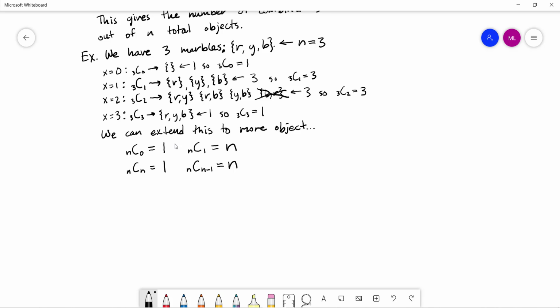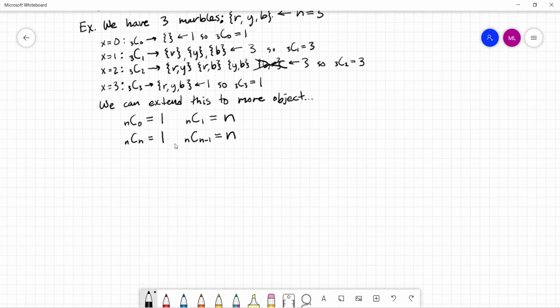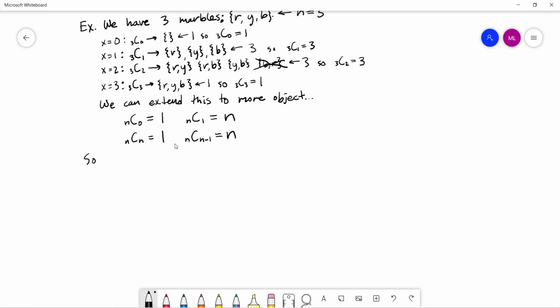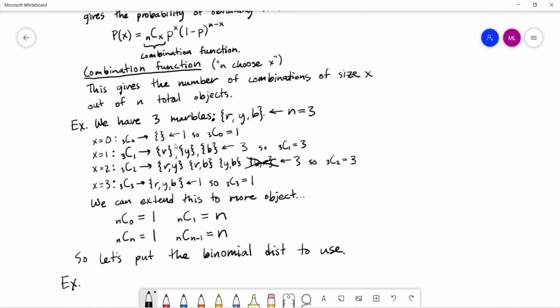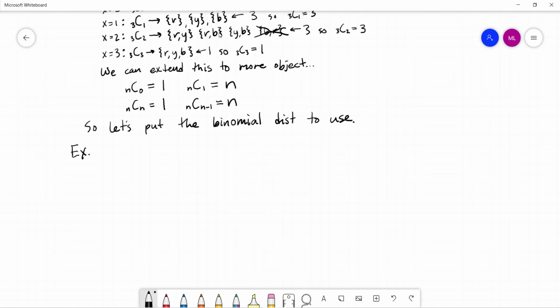So let's put the whole binomial distribution formula to use. Let's do some more examples. But now that we kind of understand this part of the formula, I want to use the whole formula for some examples.